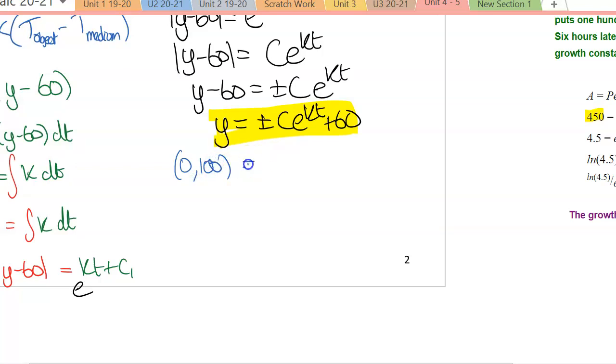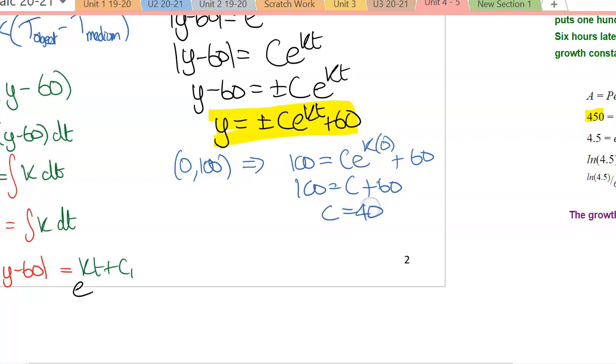So we can write 100 equals C times e to the k times 0, plus 60. 100 equals C plus 60 because e to the 0 is 1, meaning that our C value is 40. So now we've got y equals 40 e to the kt plus 60.